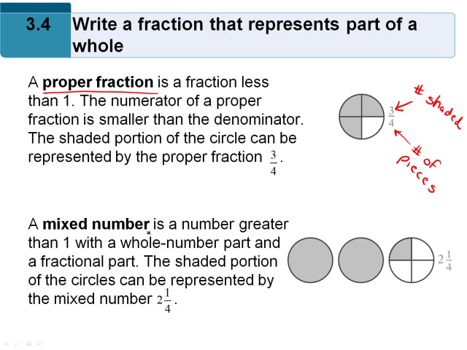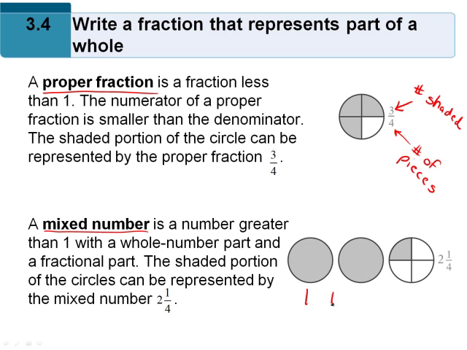A mixed number is a number greater than 1, or equal to 1, actually. It's got a whole number part and a fraction part. An example of a mixed number is something like 2 1/4. Now look at the example here. We have 2 circles, and anytime the whole circle or the whole shape is shaded in, that represents one whole.